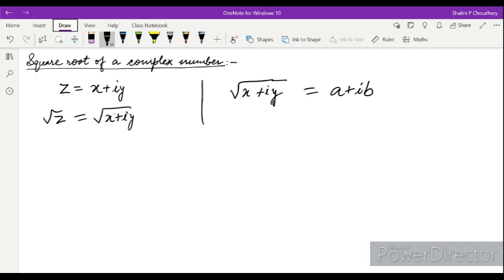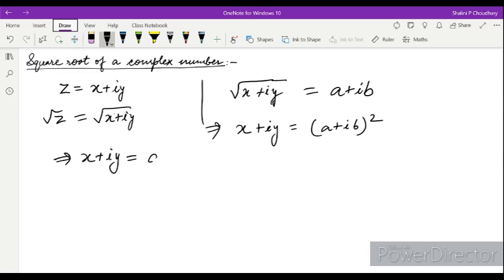So squaring both sides, what we'll get? We'll get x plus iy equal to (a plus ib) whole square, right? What is the formula for (a plus b) whole square? a square plus 2ab plus b square, or a square plus b square plus 2ab, right?